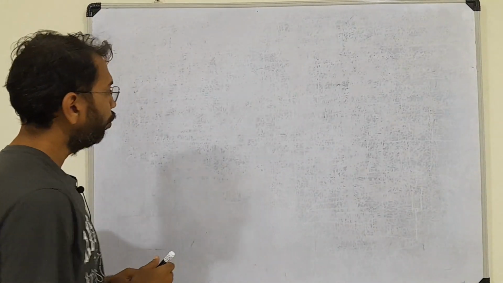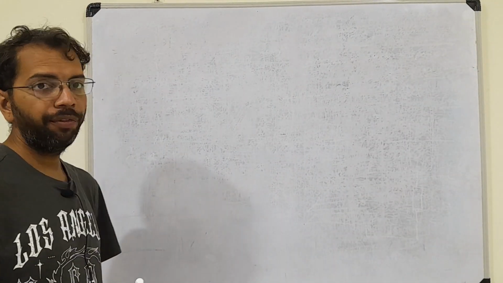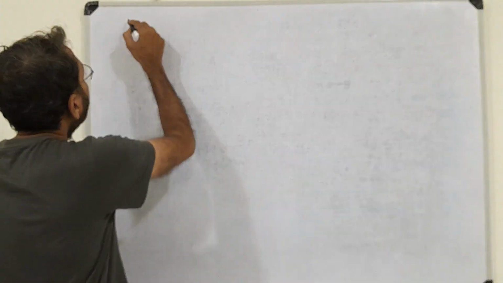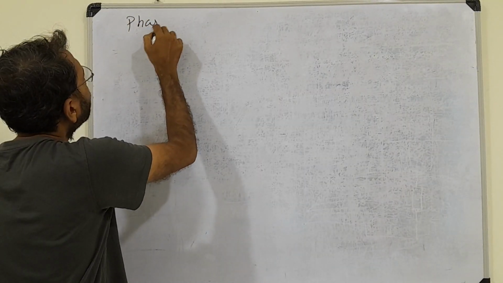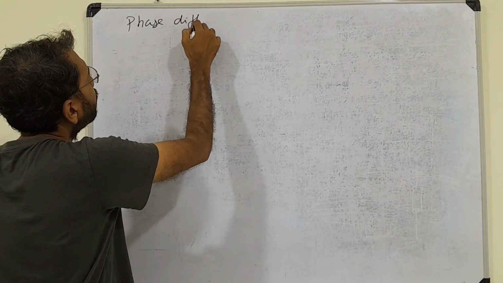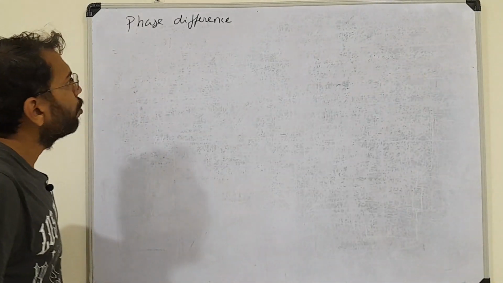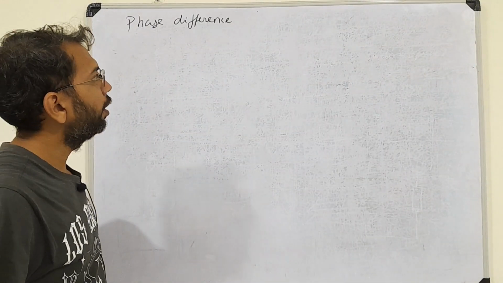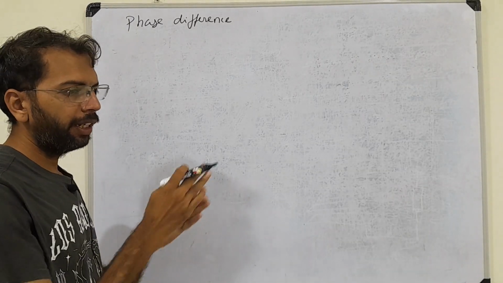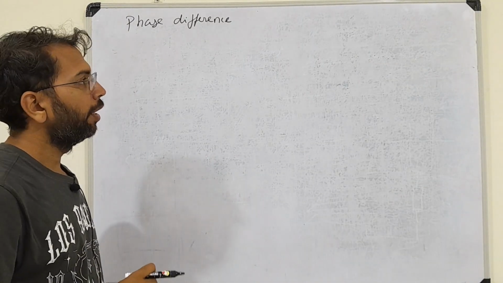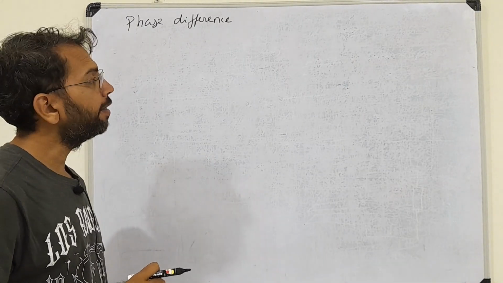So in this video we will be taking a look at phase difference. We are looking at this concept because we have something called the phase difference between the current and the voltage in AC circuits.